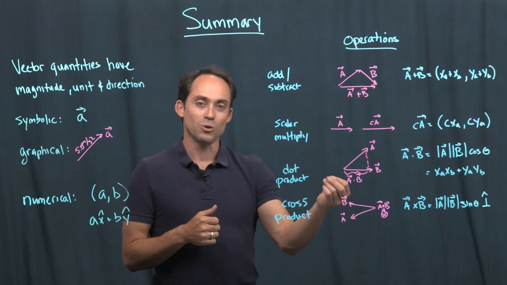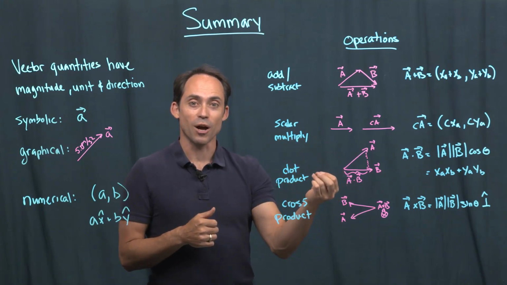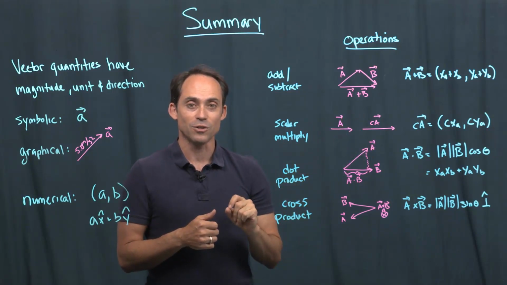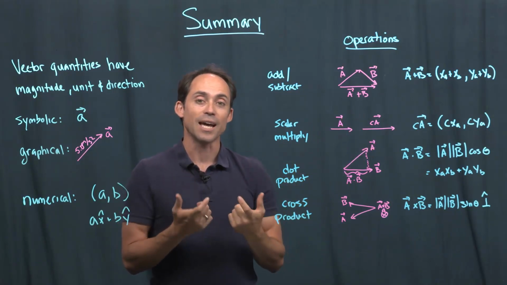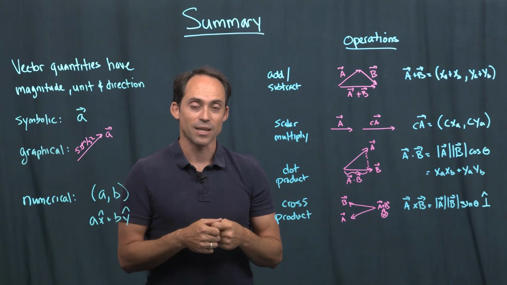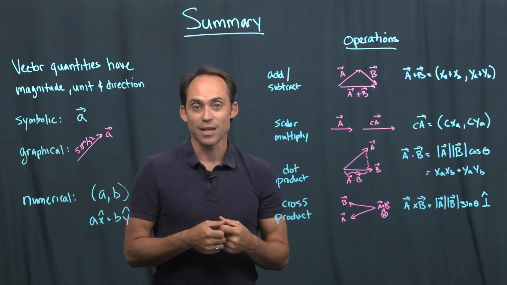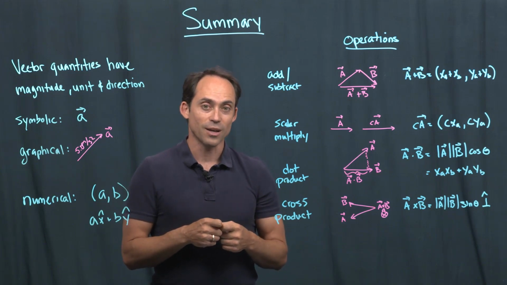And we can also compute the magnitude of the cross product, again by the product of the magnitudes of the A and B vectors, in this case times the sine of the angle between them, sine of theta. And again, that produces a vector quantity that points in a certain direction, and that direction will depend on the order in which you're cross-producting these vectors.